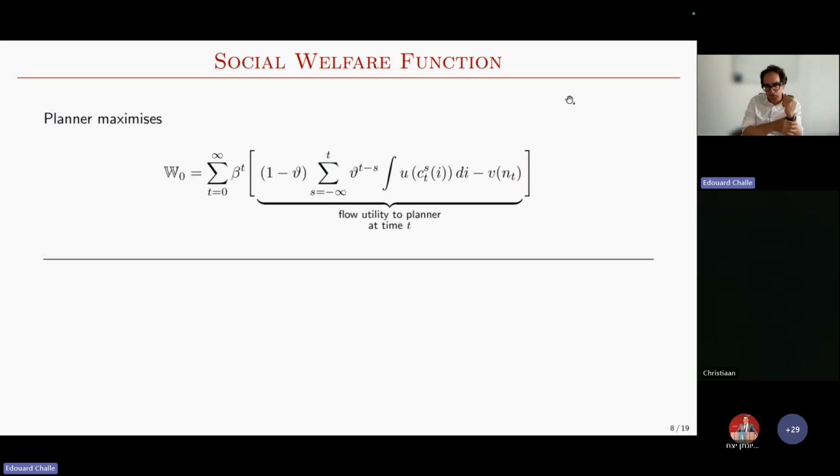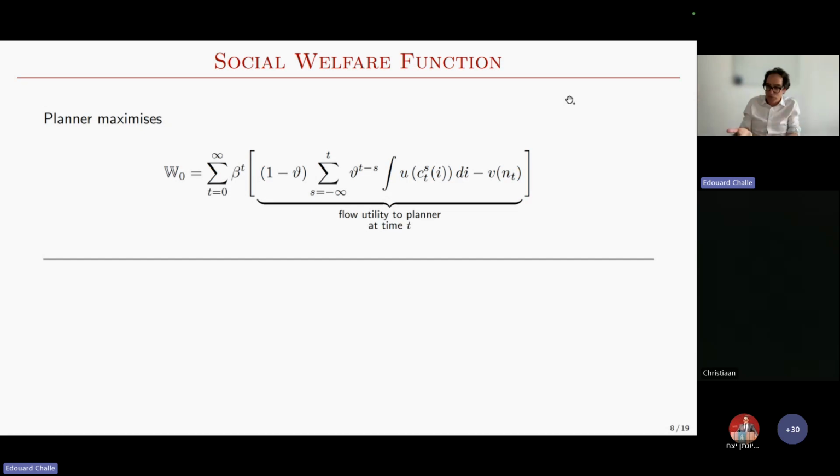So this would be the social welfare function of a planner here, the central bank, that would be utilitarian, give equal welfare weight to everyone, and maximize this aggregate utility, this sum of utility. The beta comes from the fact that the planner is discounting a flow of total utilities across future periods.